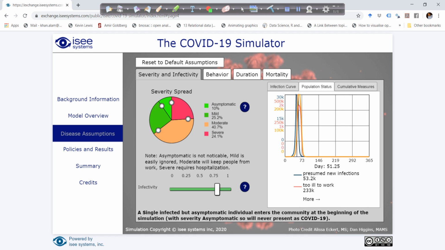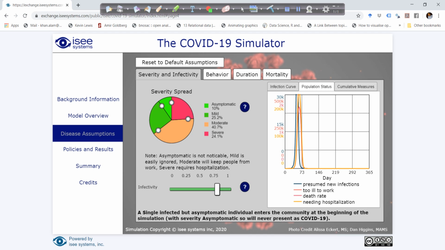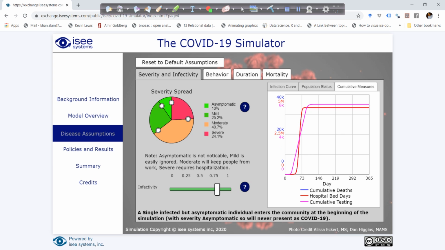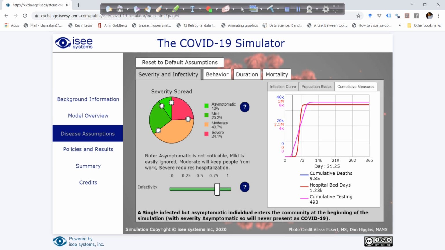And this takes a very high number, like presumed new infections, too ill to work. And if we look at the cumulative measures, we would expect that within a month or two, the simulation shows the cumulative deaths would go up to thousands. Then, based on different policies of containment and other assumptions, it might stabilize, but we'll play around with them later as well.